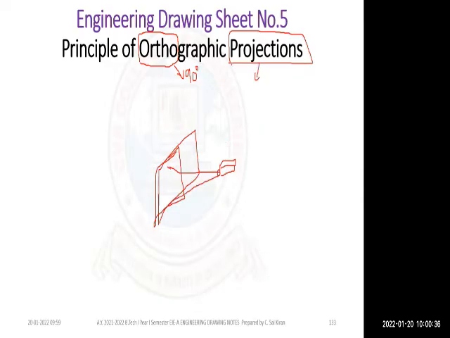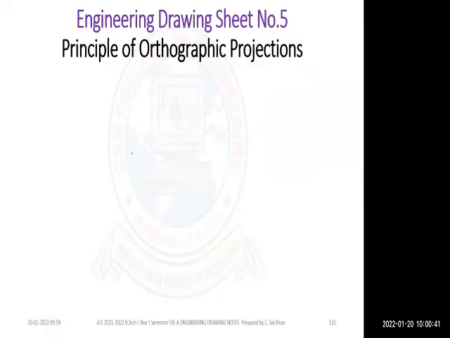In the projection also, what we do is, there is an object which needs to be projected. So if I pass a light at 90 degrees, this object will replicate at the back.